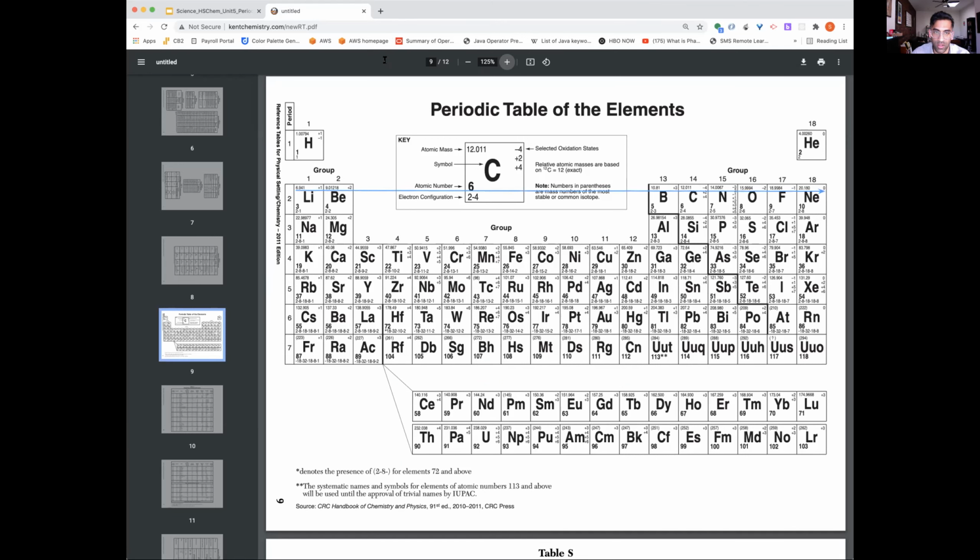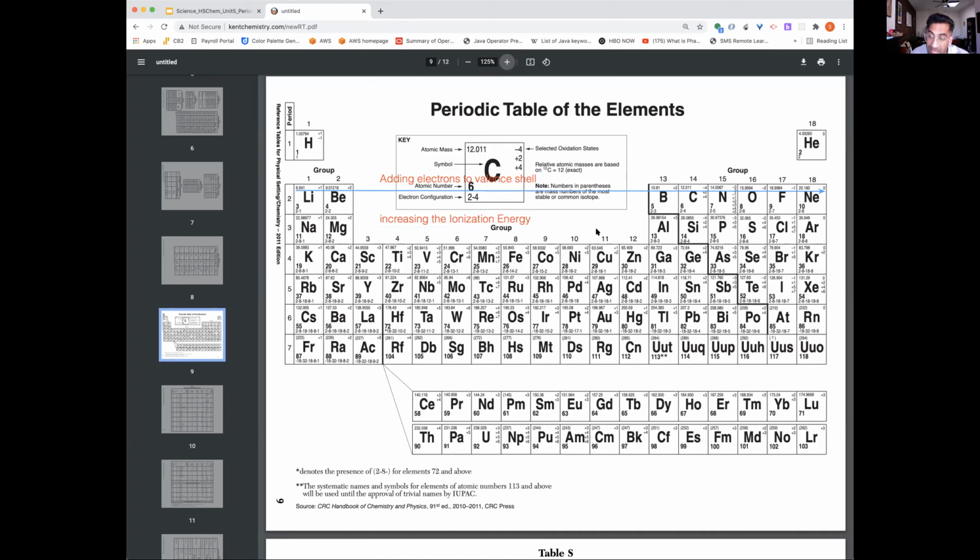We are adding electrons to the valence shell, and that's increasing the ionization energy. Okay, and so in each row it'll increase.